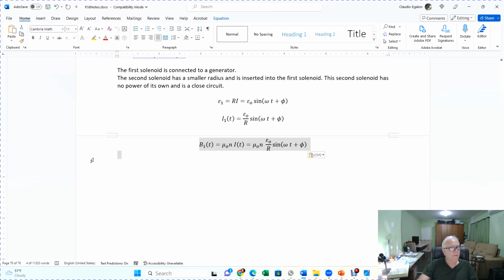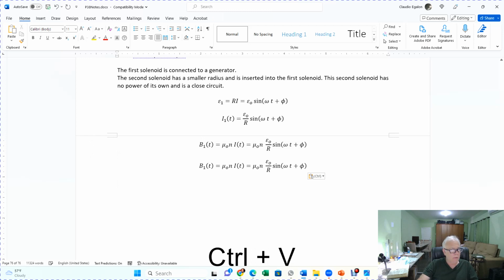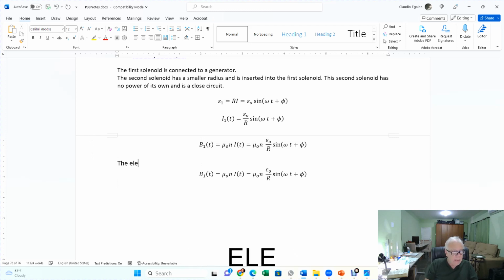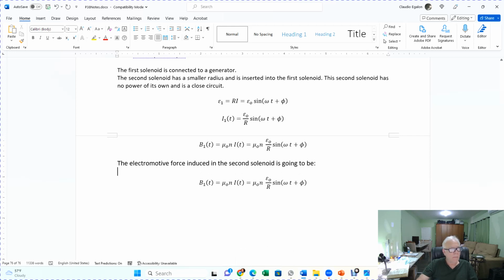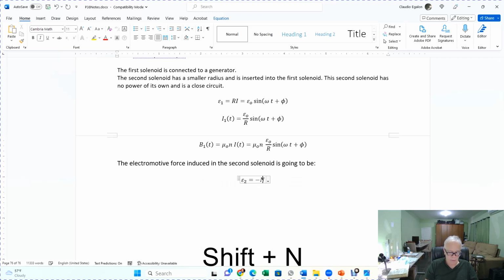So let's write it down. What's going to be the electromotive force induced in the second solenoid? It's going to be the following. Epsilon 2 is going to be given by, we are going to use Faraday's law.